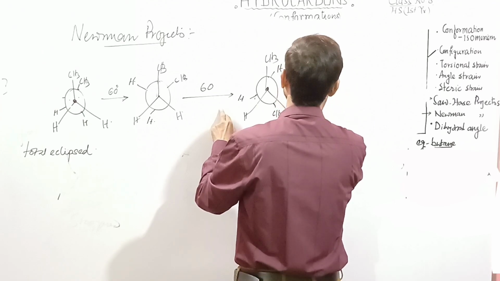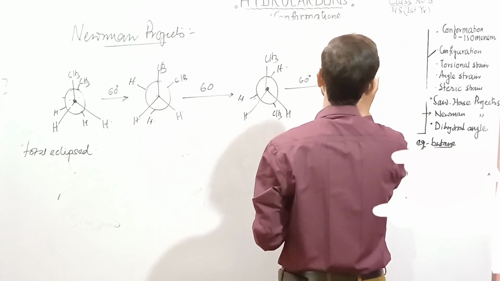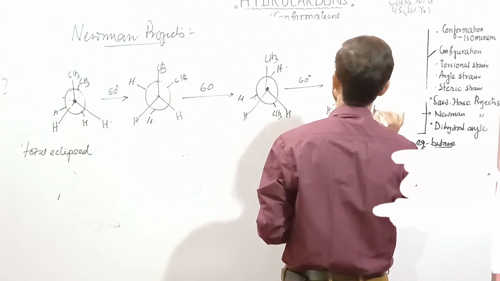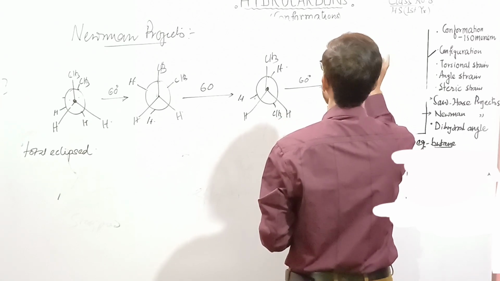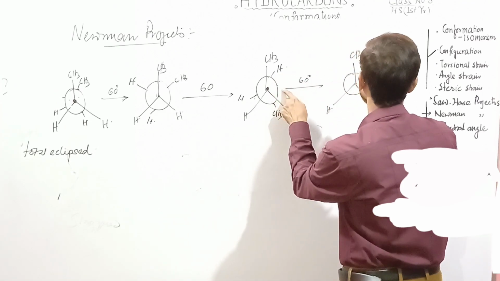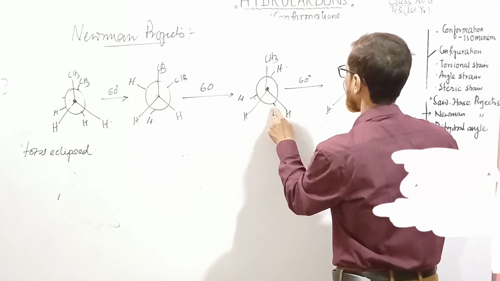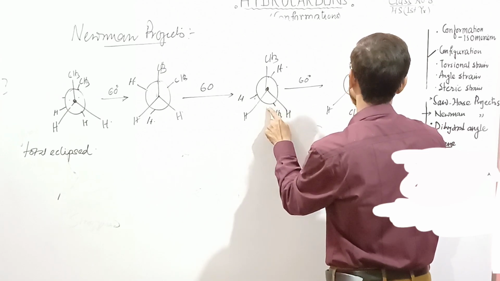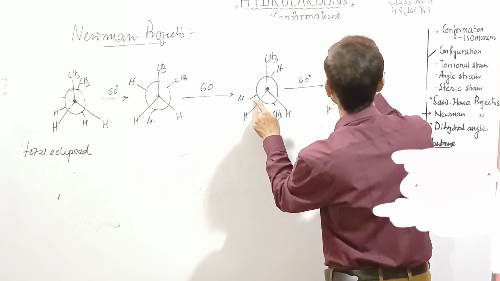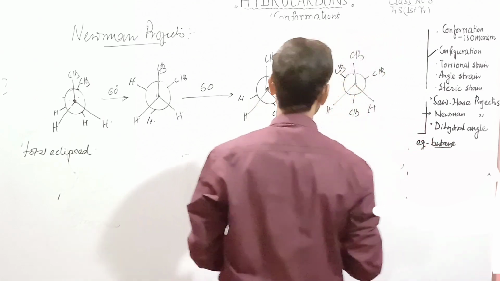Now if you make again 60, this from it will come here exactly, from this it will come exactly opposite, and from here it will come exactly opposite.